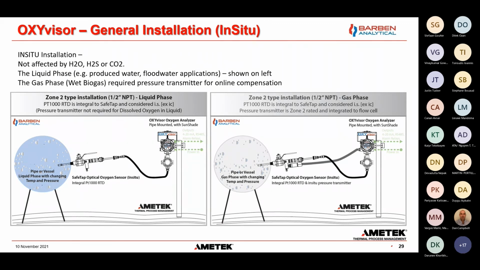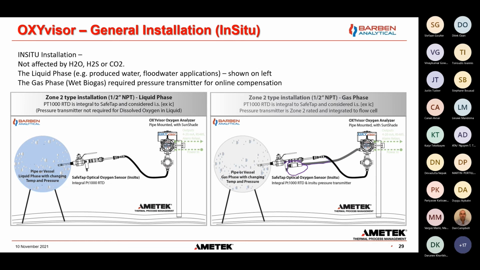What we show here is the analyzer in a liquid process, maybe produced water or a floodwater application, going directly into the process. Water is not compressible, so we don't need pressure compensation there. And then here we're showing one in a gas pipe in situ where we do have our pressure sensor also attached.